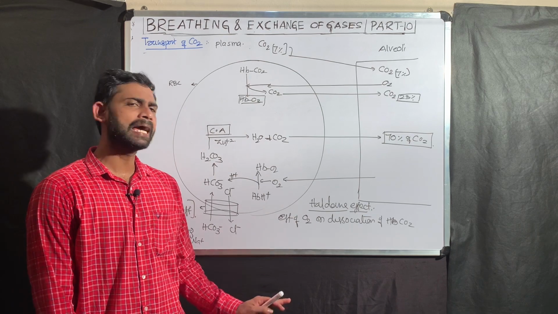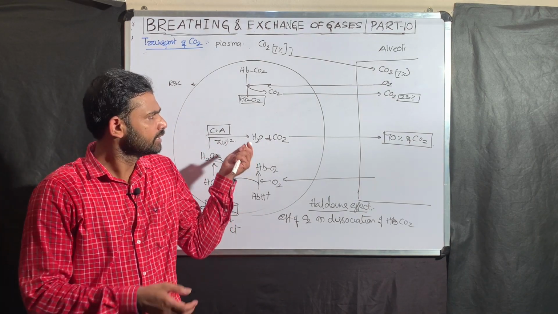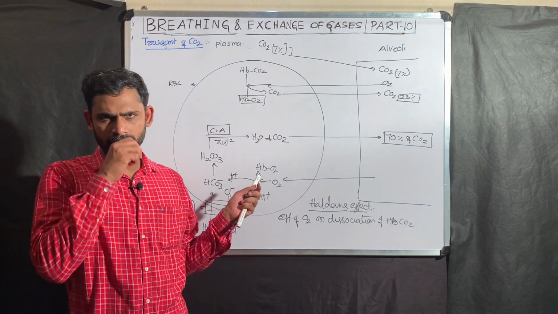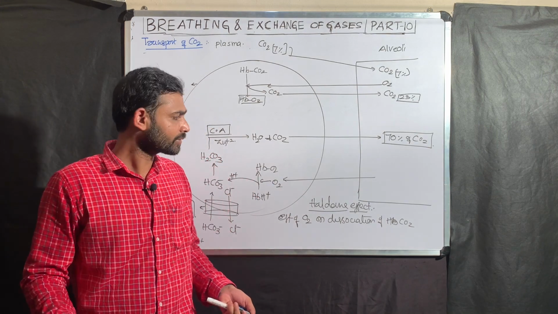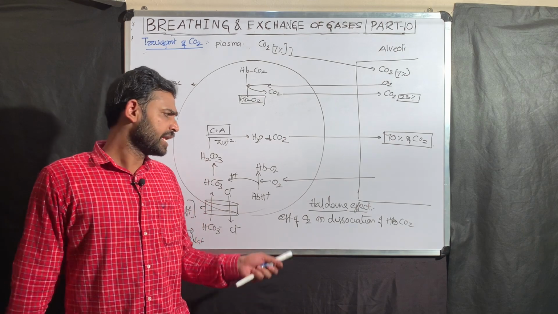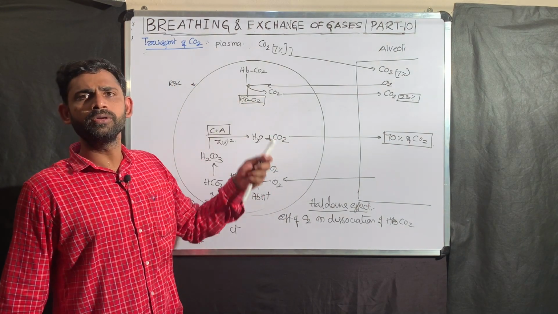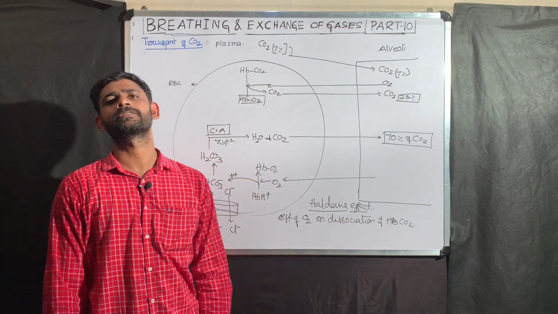That is why, when this HbCO2 reaches the tissues, deoxygenated blood reaches the tissues, and when the oxygen is at high concentration, it will go and bind with the carbaminohemoglobin, forcing the hemoglobin to dissociate from the carbon dioxide.